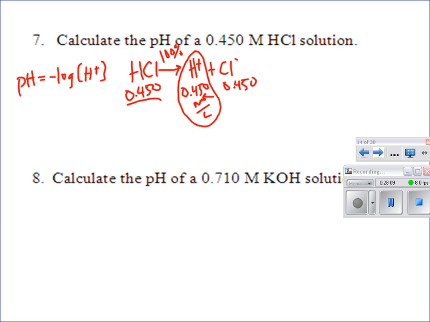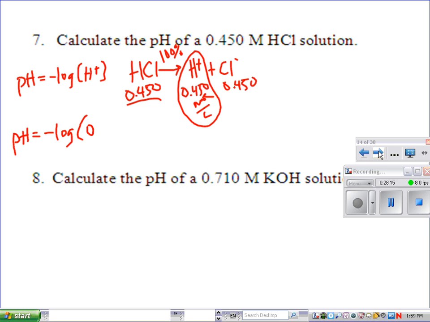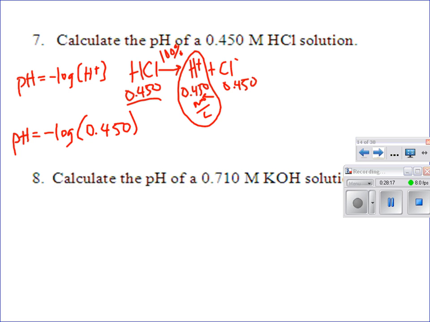It's only because it's strong. So all we have to do is plug in the acid's concentration. And to 3 sig figs, what is my pH? 0.347. No units are necessary.